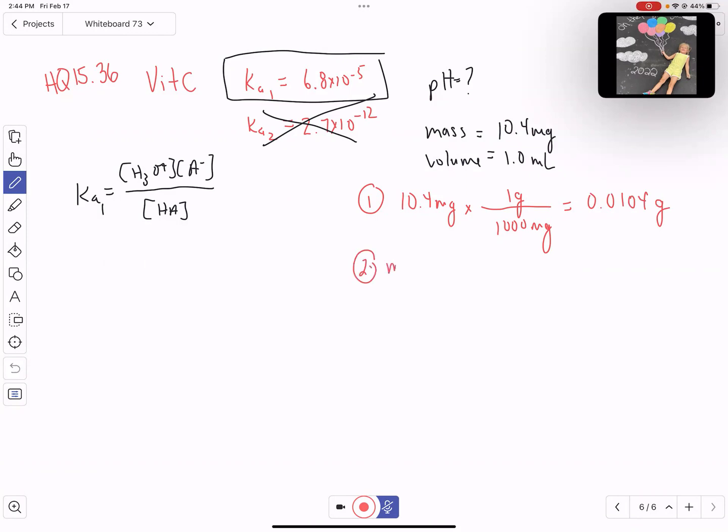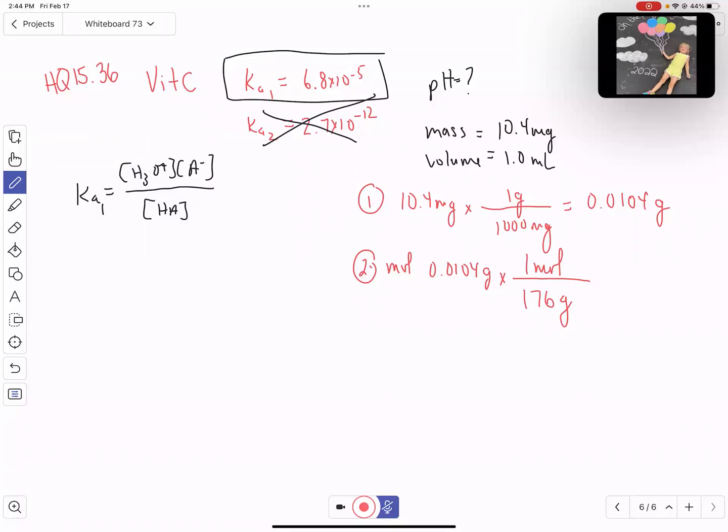Now I need to find moles of vitamin C. So if I've got 0.0104 grams, for every 1 mole of vitamin C, you can Google it, the molar mass of vitamin C is 176 grams.